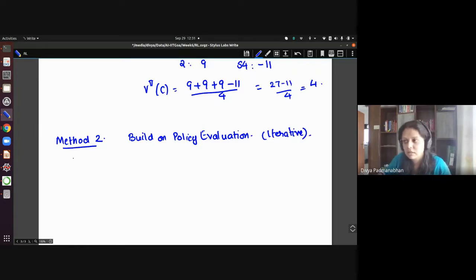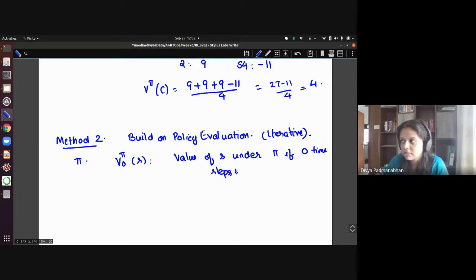Remember, you wanted to evaluate this fixed policy, and one thing that we saw, if you knew the transition probabilities and the rewards, is that you fix this value V0 pi of a state s. This was the value of s under pi if zero time steps were left. And similarly you had, generally, V_k pi of s.